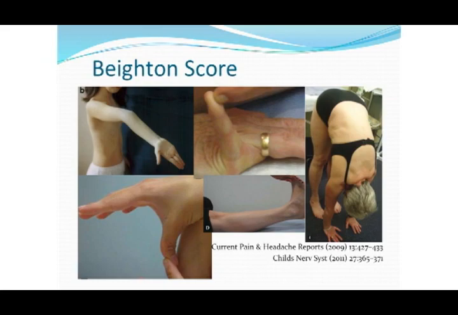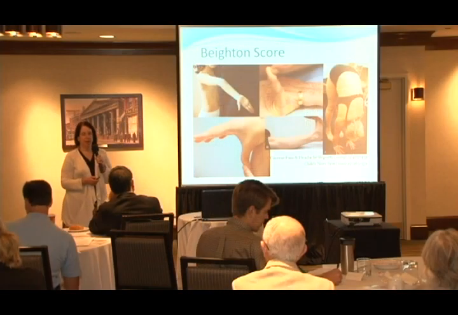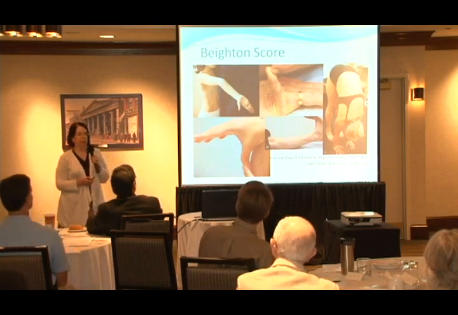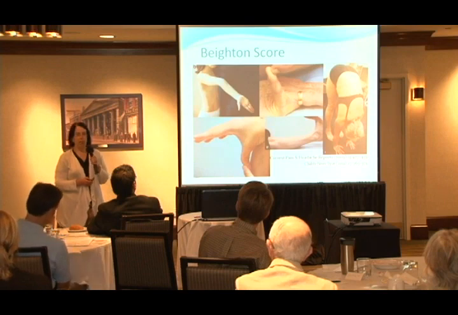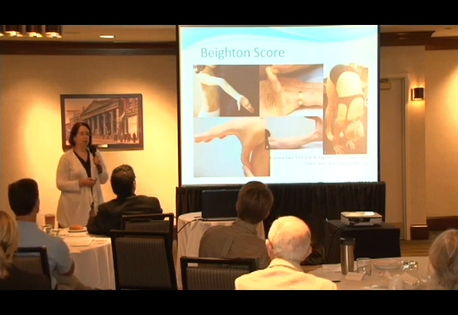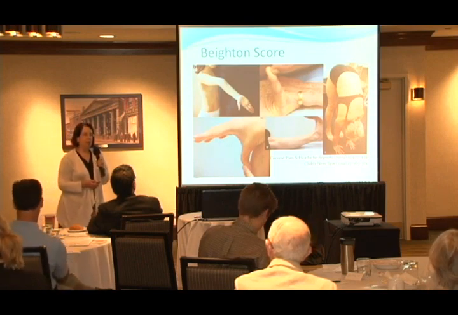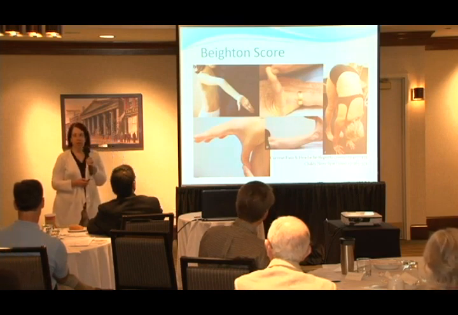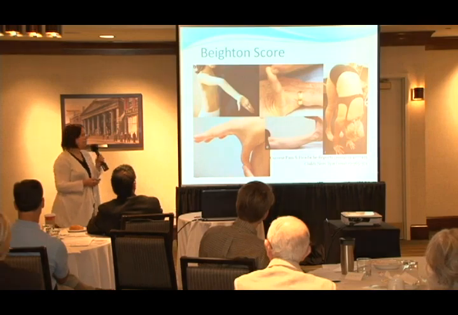But the truth is, what we've come to realize over the last, I would say, maybe 5 to 10 years, is that Ehlers-Danlos syndrome is very much more than this. There are many children and adults who are suffering from complications that involve multiple organ systems that have absolutely nothing to do with the joints.